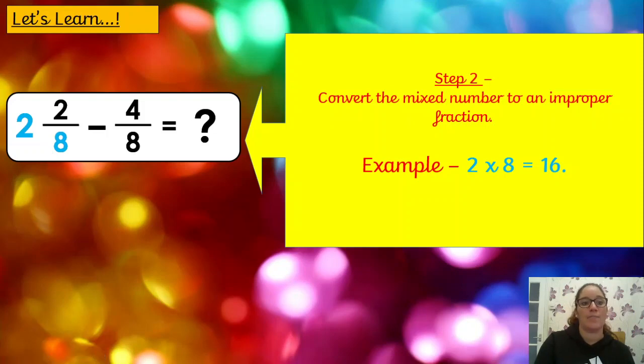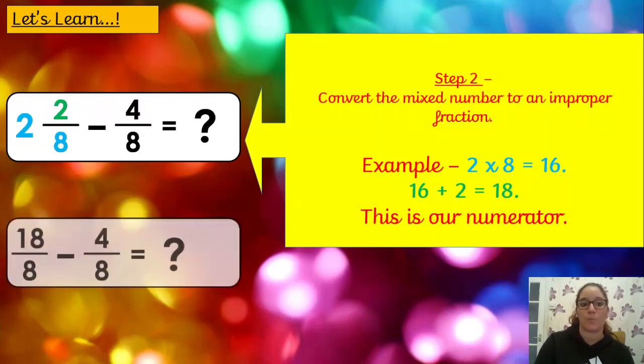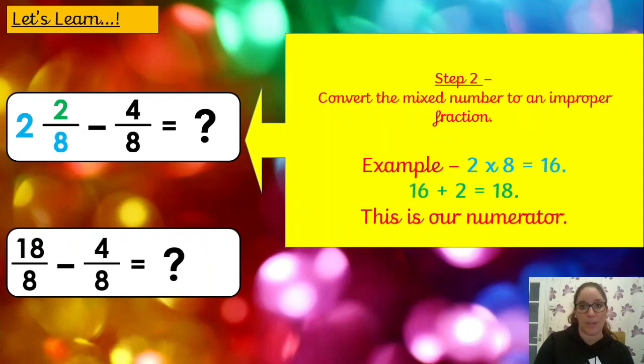And we're not going to leave this number 2 out up here. We're going to add him on, which gives us 18. So our numerator is now 18 over 8, because the denominator stays the same. So 18 over 8, take away 4/8.